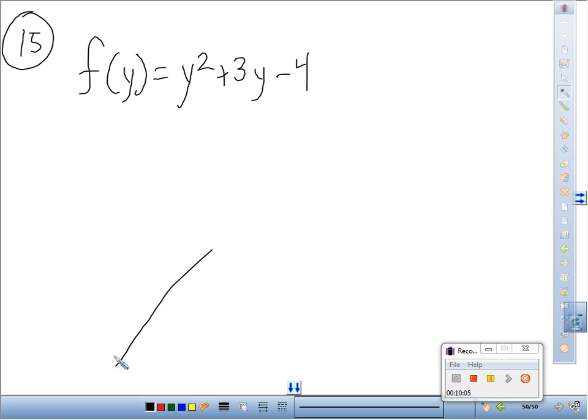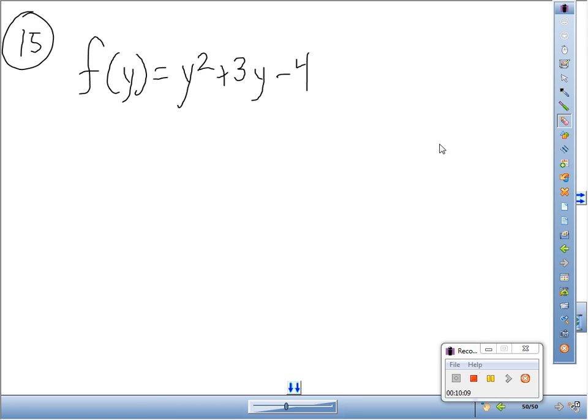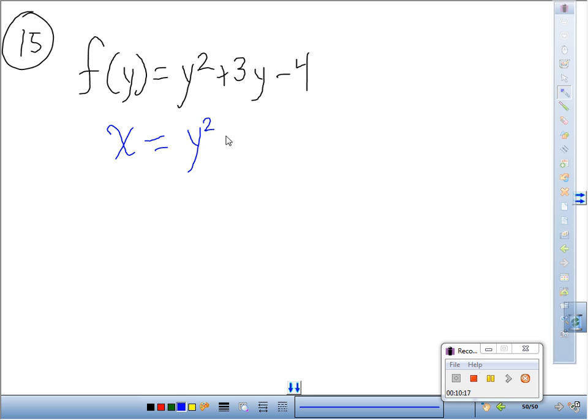They inverted the variables, right? So therefore, instead of f of y turning into y, what does it turn into? x equals y squared plus 3y minus 4. But the steps are the same. Substitute 0 for x: y squared plus 3y minus 4.